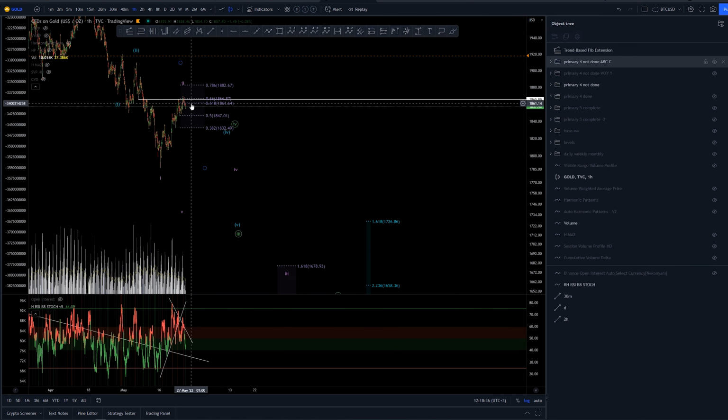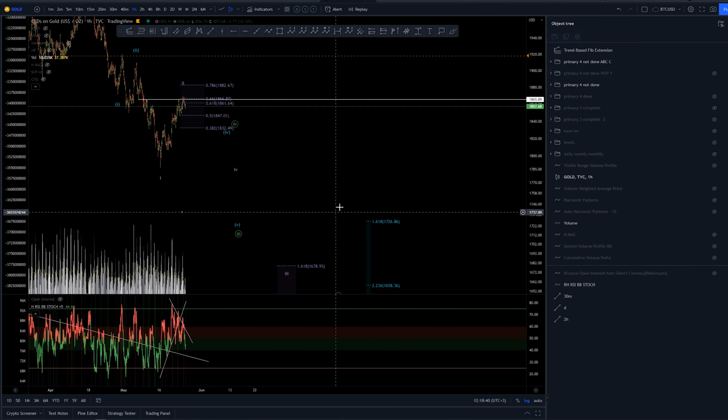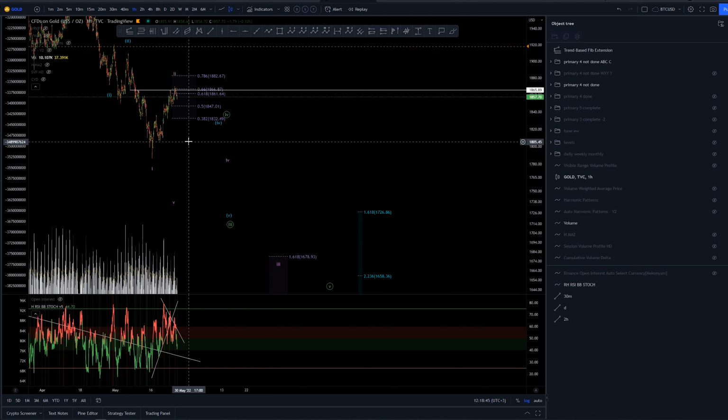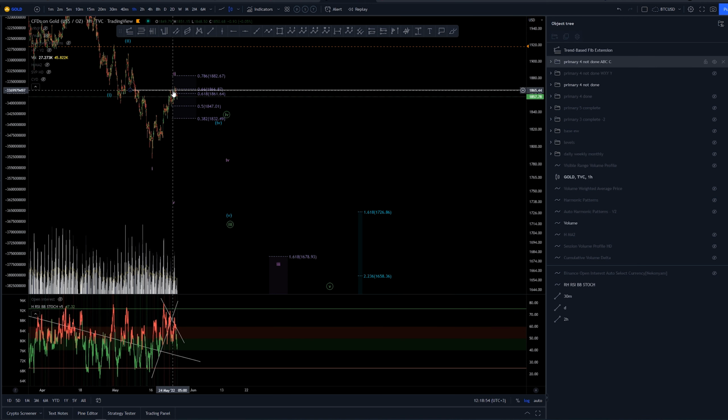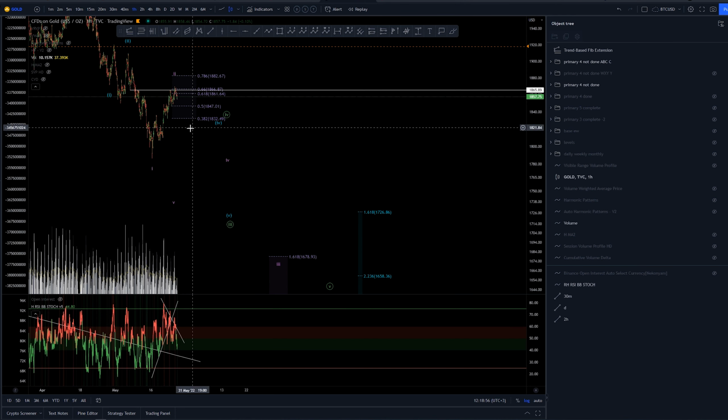I will see if I can be playing with this short that I took towards these lows, but again there is definitely a bullish scenario here, so I would be looking to take a long here, or at least take some profits on the short when we are coming down to the 0.618 or 0.5 area.